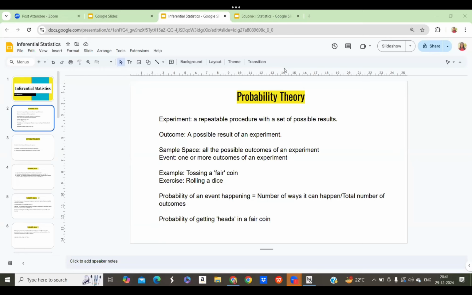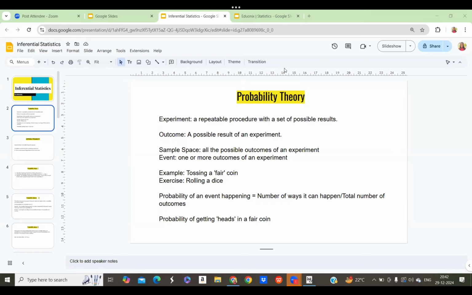In that case, there are 6 probable outcomes: 1, 2, 3, 4, 5, 6. So the chance of getting 4 is 1 by 6, right? Because the total is always 1.